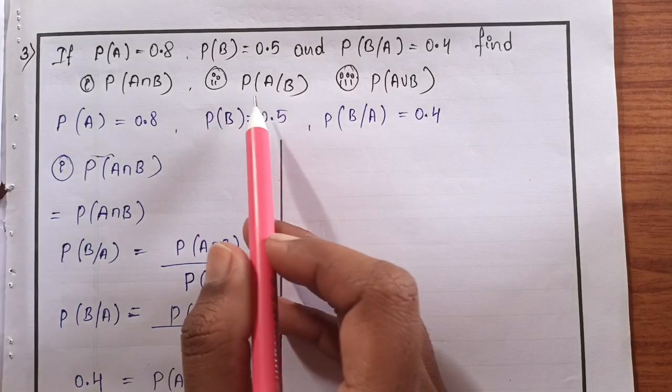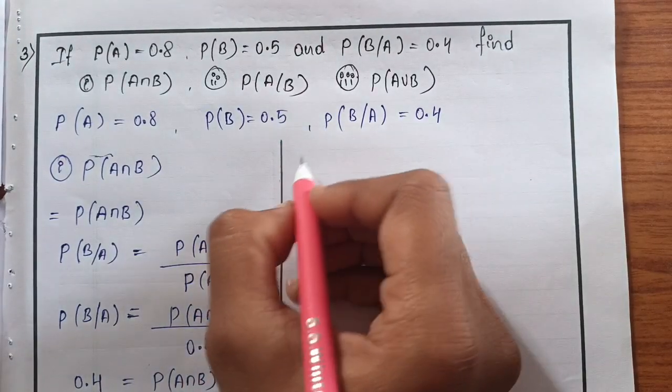Then what is the second? Probability of A by B. So write it.